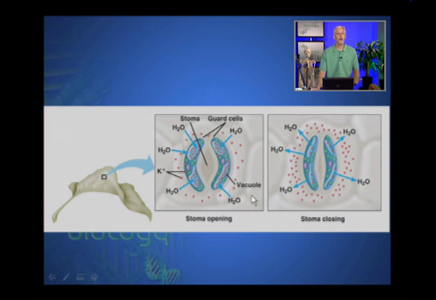And part of that is, again, in response to saving water. So what plants do is they'll actually pump sodium into the guard cells in the mornings. That then makes the cell hypertonic, draws water into the guard cell, that opens the stoma. Now, as the day progresses, this pumping of sodium can't overcome the dehydration of the plant, and so eventually if the plant dehydrates, the stoma will close.